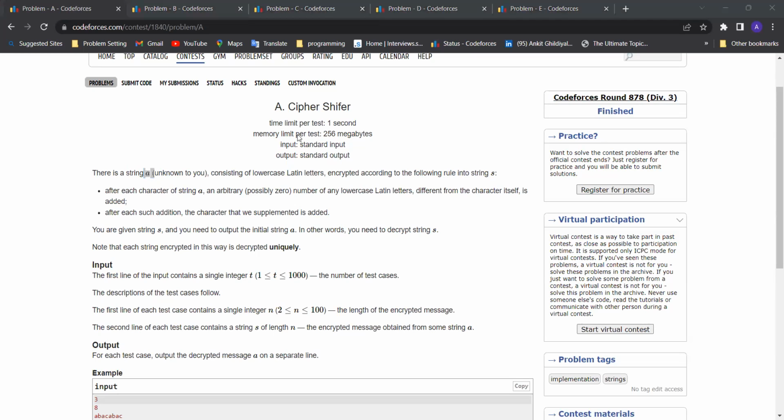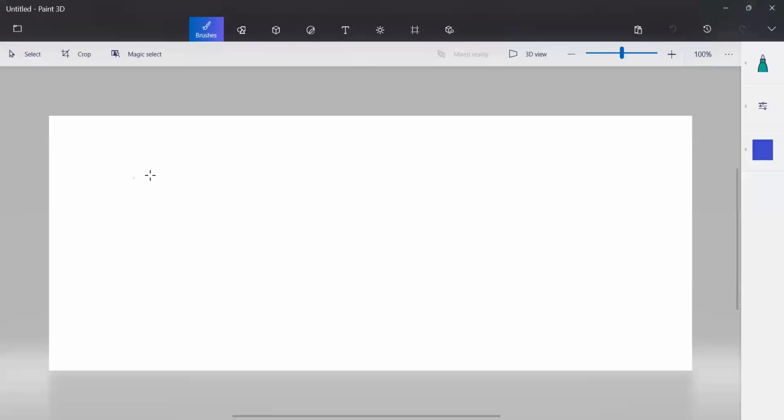So basically, suppose I get A, then after this I'll append some characters that are not equal to A, and then finally I'll again put A.